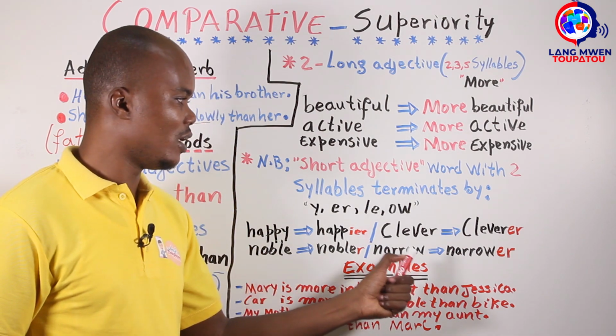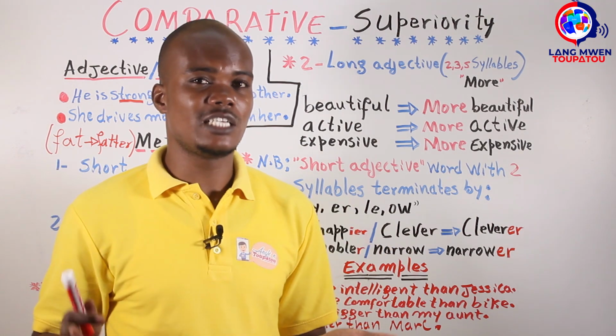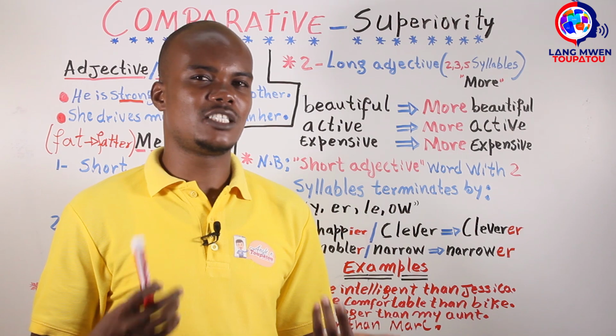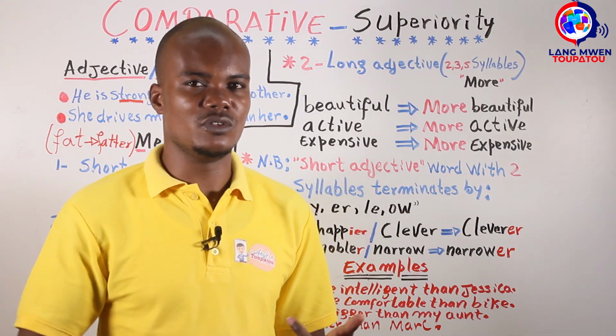Now you know an adjective is a short adjective when it has only one syllable, and an adjective is a long adjective when it has two or more syllables.